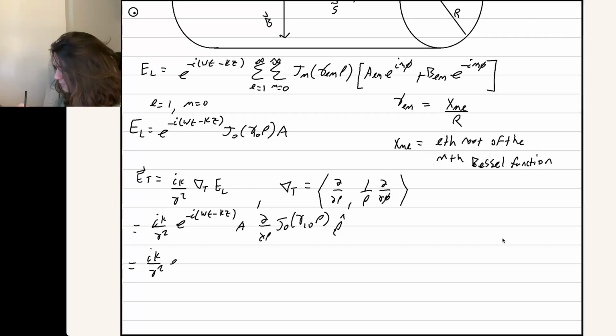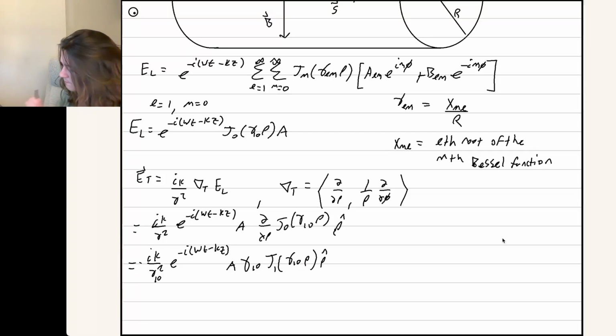That derivative evaluates to having a gamma pop out, and then it will raise the m to 1. So it's now the first Bessel function as a function of gamma and rho in the rho hat direction, and it flips the sign. Don't forget the sign flip.